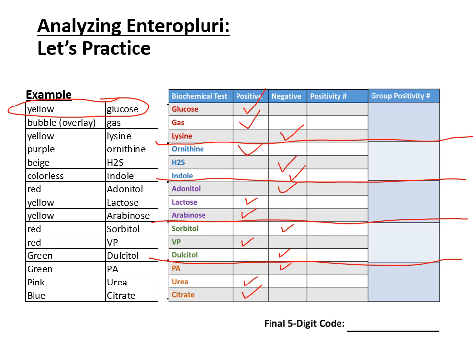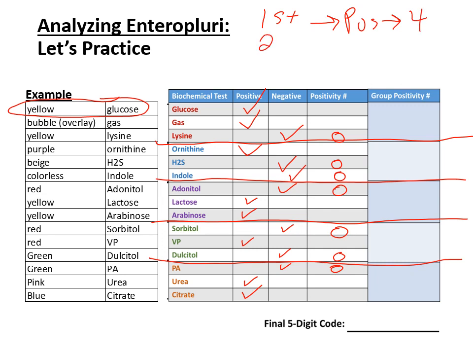So what you do is any value that's negative, you go in and you draw a 0 as the positivity value for anything that you put a negative for. Okay, all the negatives get a 0. Now it's time to convert all of the positives into positivity numbers. The way that works is any first test in a group, if it's positive, it becomes a 4.